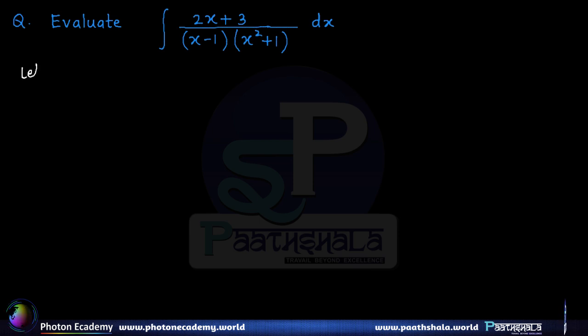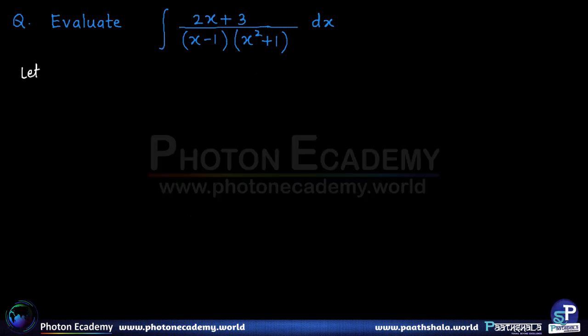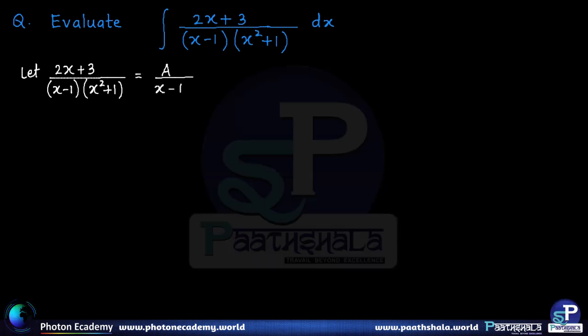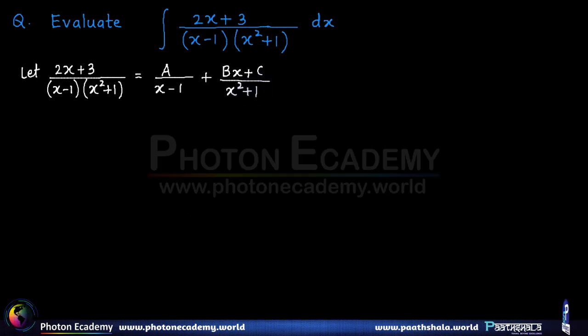Now here we are given 2x plus 3 upon x minus 1 into x square plus 1. The first factor is linear and non-repeated, so we write A upon x minus 1, plus for the second factor we write Bx plus C whole upon x square plus 1, because x square plus 1 is not factorizable: it will give us imaginary roots and we must consider real roots here.